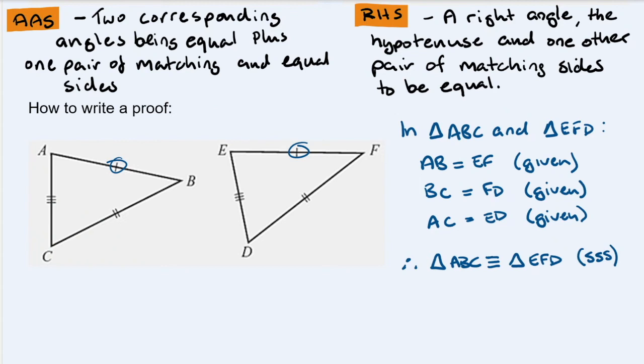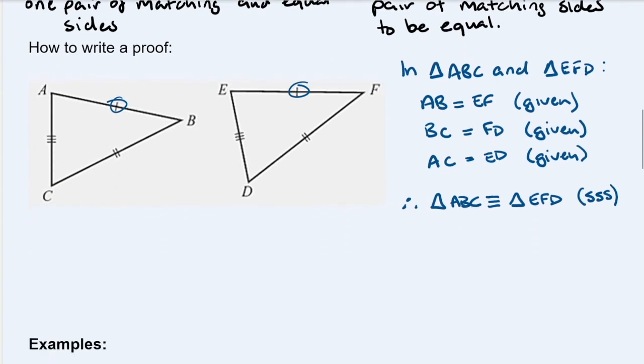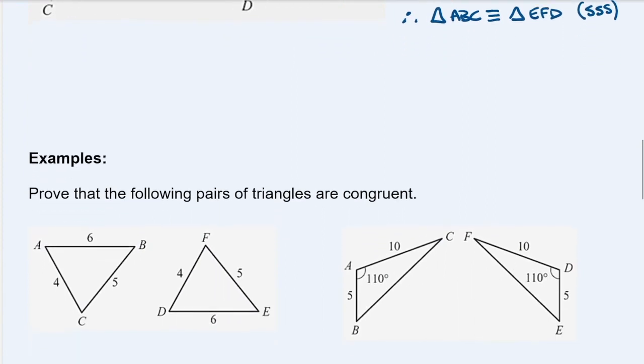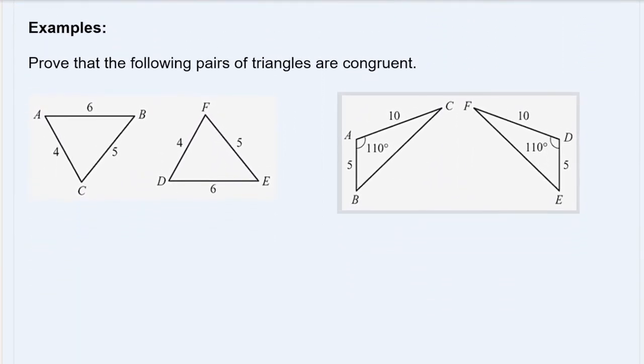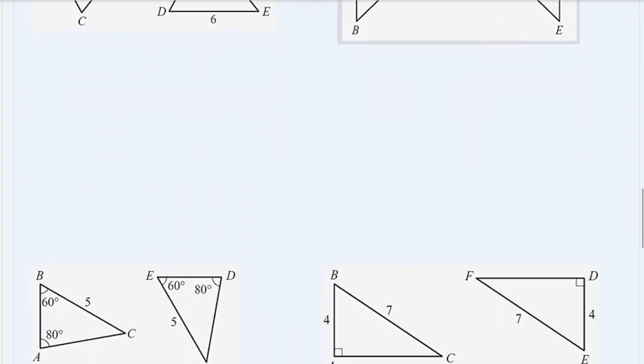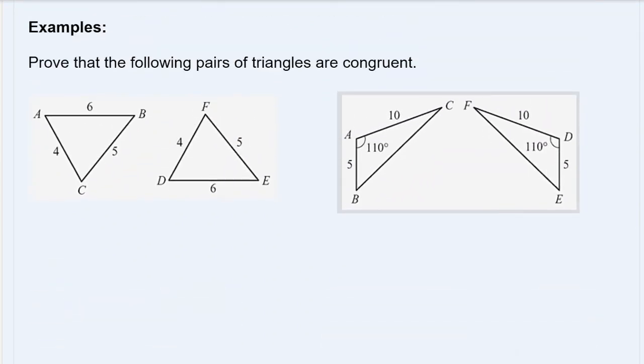Quick look at some examples. We are going to prove that these triangles are congruent. Okay, let's look at the first one. So we have 3 sides given. Let's look at our corresponding sides. Here's a corresponding set of sides.